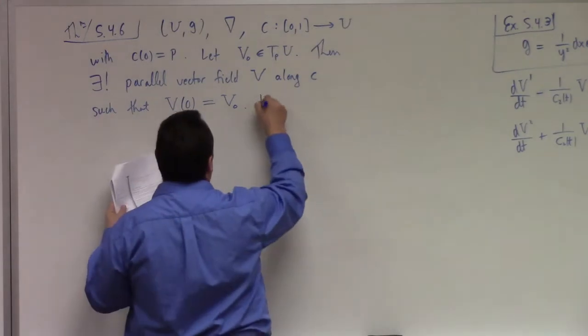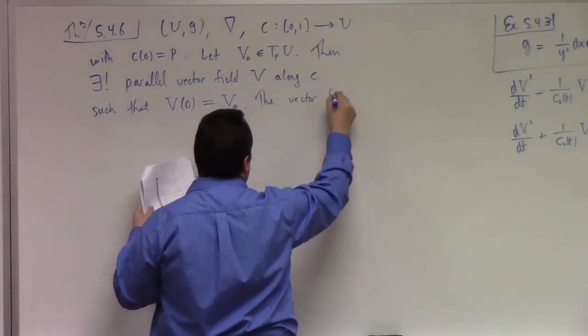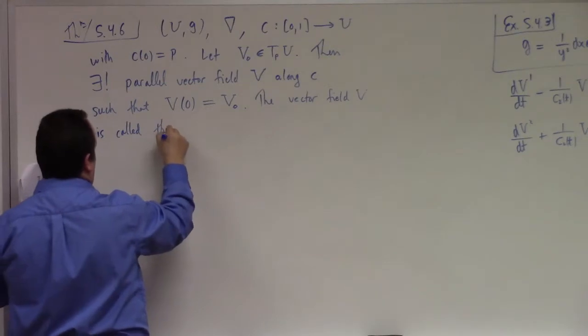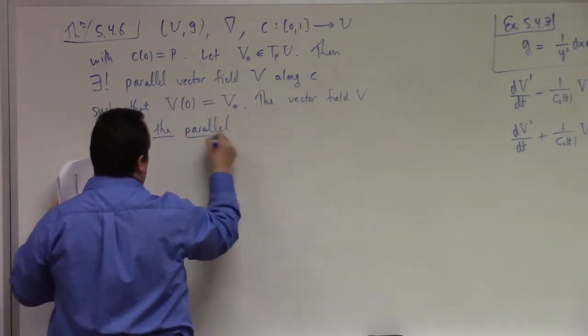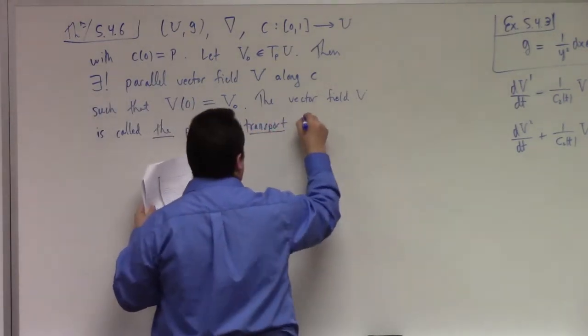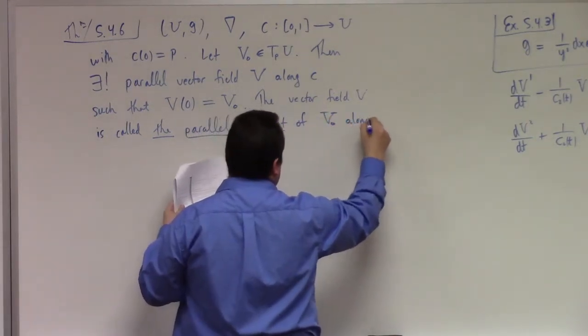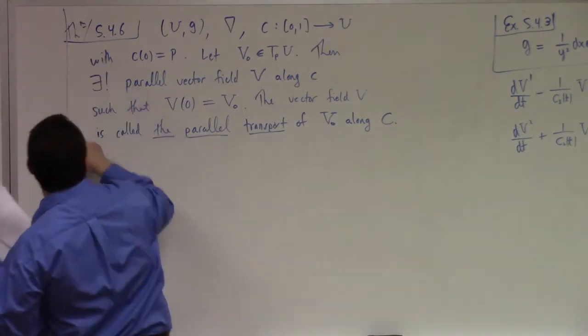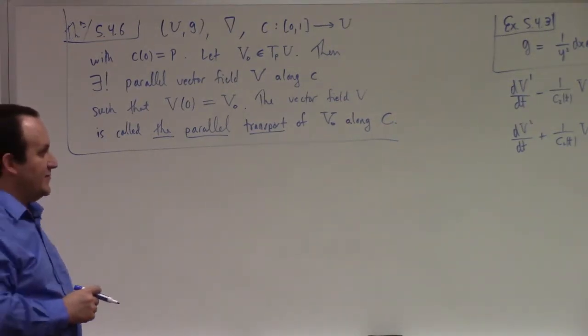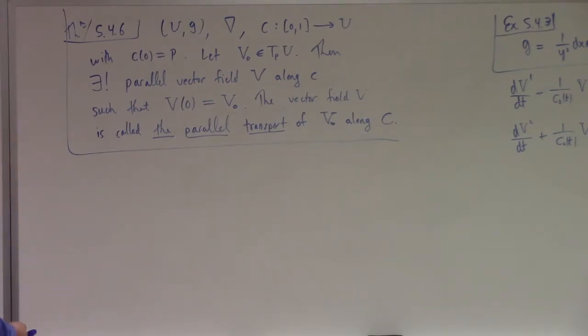The vector field V is called the parallel transport of V naught along C. No, he does not give the proof, nor will I, but as with all of these theorems, they basically boil down to sorting through the manifold theory and relying on the fundamental existence and uniqueness theorem of differential equations. It's always that.